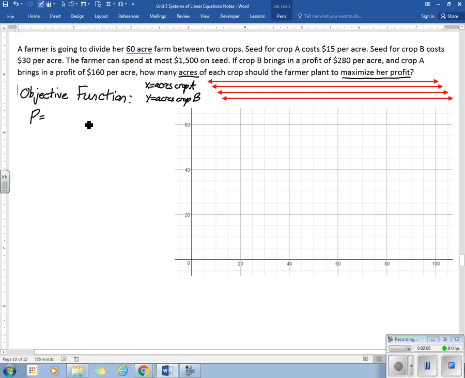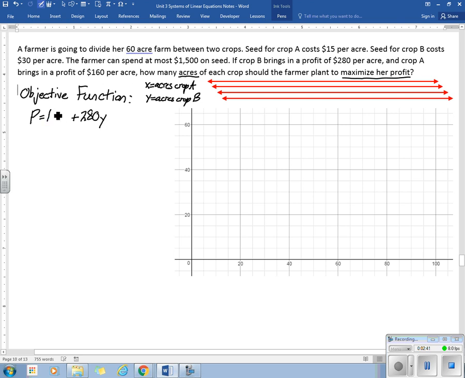Now, what we need to figure out is how much money we're going to make off of crop A, and how much money we're going to make off of crop B. So we can find that in the problem. It says if crop B brings in a profit of $280 per acre, well, to us, that's our Y variable, so it's going to be $280 per acre of crop B. So for us, we would write that as 280 times Y. So we take 280 times each acre, each Y acre of crop B, and crop A brings in a profit of $160 per acre.